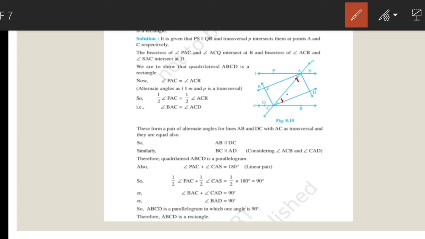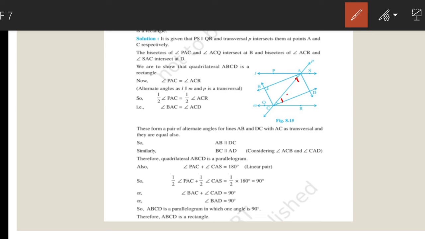Now this forms a pair of alternate angles for the lines AB and CD with AC as the transversal. So we can say AB is parallel to CD.